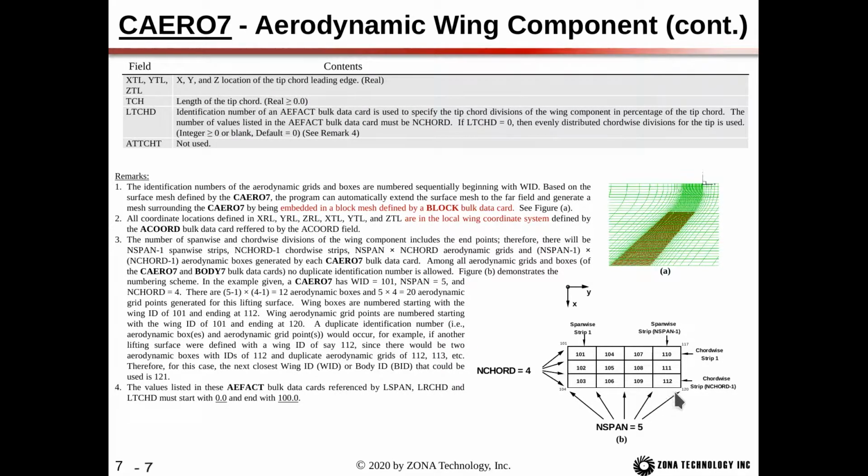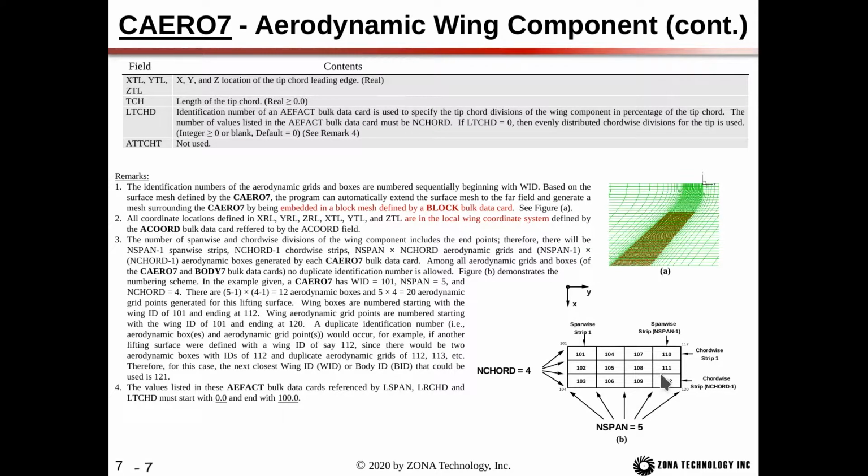Now, as I said, you can't have any duplicated IDs. So if you have a second C-Aero7 and you choose, let's say for example, 111 as your ID for the second C-Aero7, you'll notice then that we now have 2 aerodynamic boxes with ID 111, and then also grid IDs of 111, which is not allowed. So ZEUS will give you a fatal error and say we have duplicated IDs.